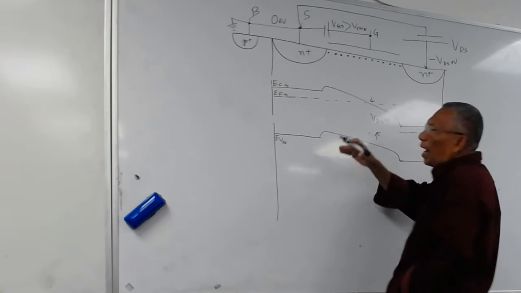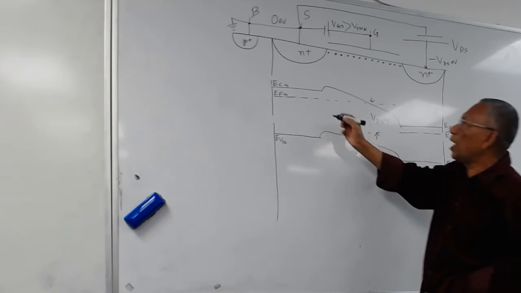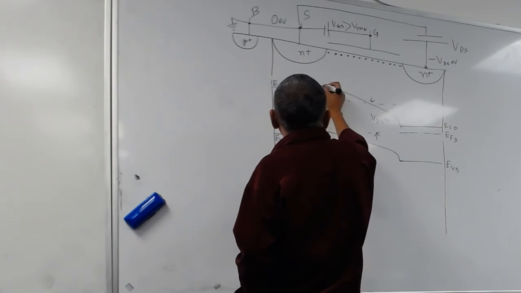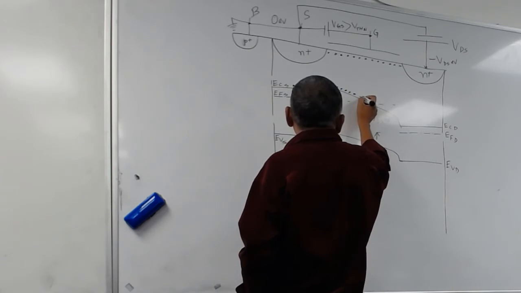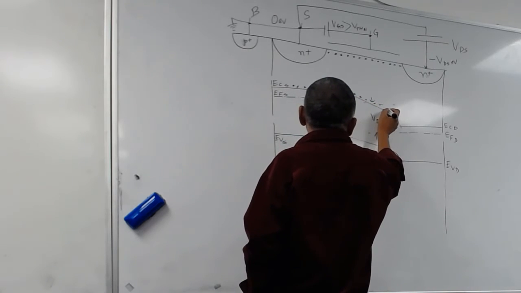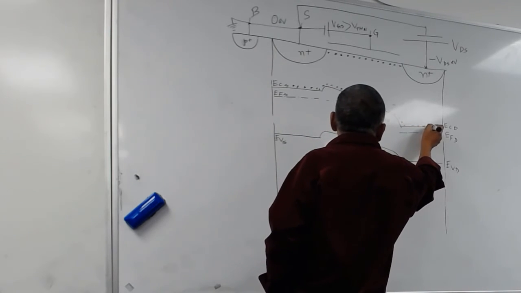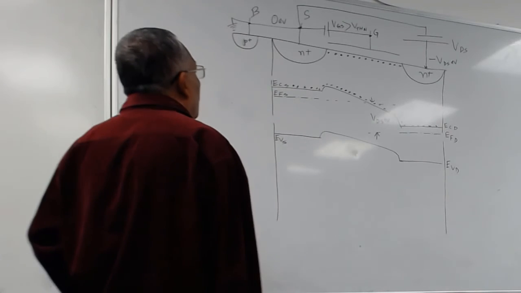You don't need to write all those charges all the time, but you can see the barrier has gone down like this. So all these electrons coming this way will fall down here, roll down, drift across this region, and go into the drain. Okay. So what is this case?